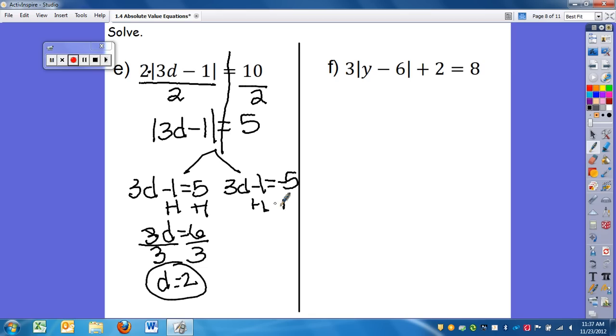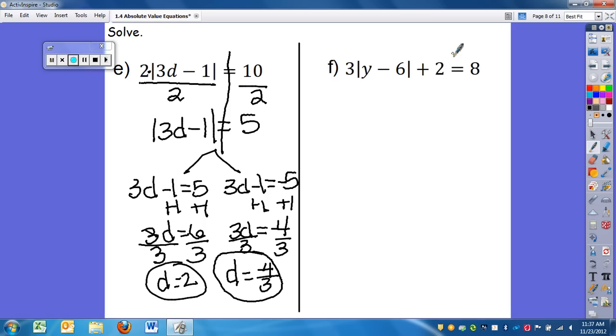Add 1. 3d equals negative 4. Divide by 3. Again, you're going to be left with either a decimal answer or you can leave it as a fraction. I'm just going to leave it as an improper fraction of negative 4 over 3. But you could write that as negative 1 and 1/3 or negative 1.3 repeating.